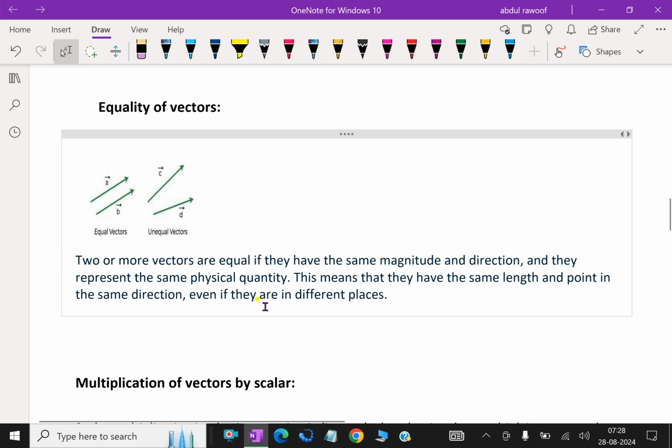Two or more vectors are equal if they have the same magnitude and direction and represent the same physical quantities. This means they have the same length and point in the same direction, even if they are in different places, and they are still equal vectors. But here they are not equal vectors.